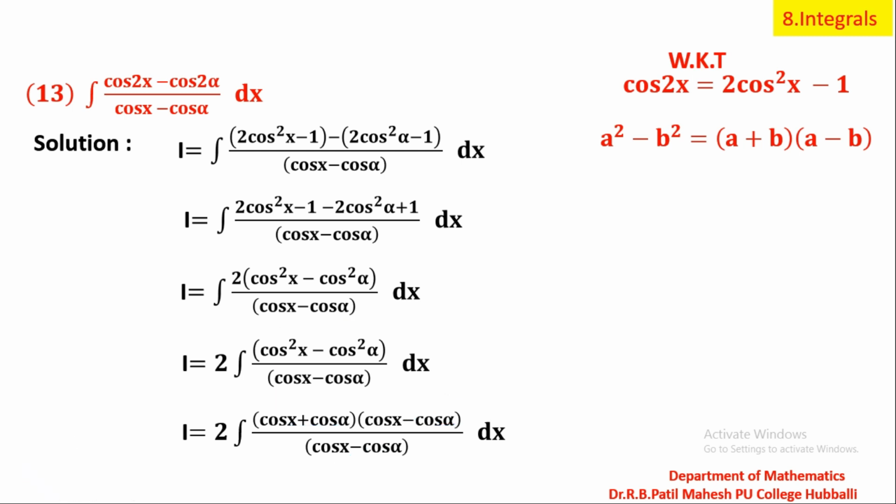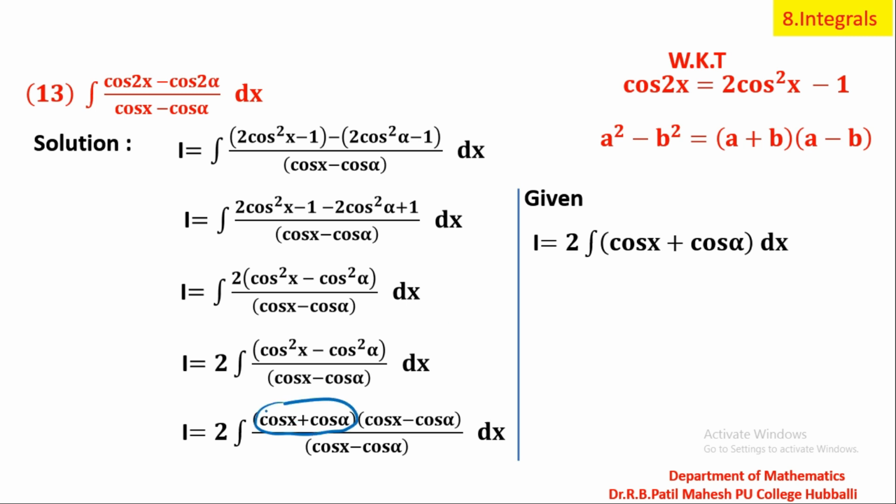Only the remaining terms will be written. So the integral will be 2 into bracket, integration of the remaining term after cancellation, only cos x plus cos alpha. Taking the integration for both, integration of cos x dx plus integration of cos alpha dx.